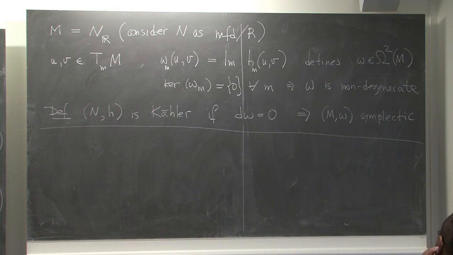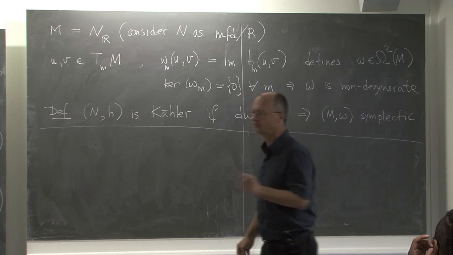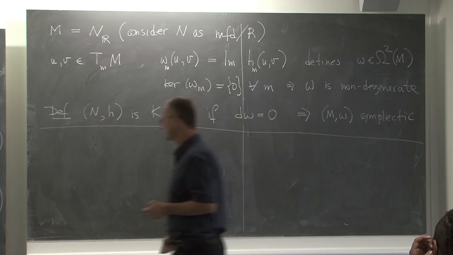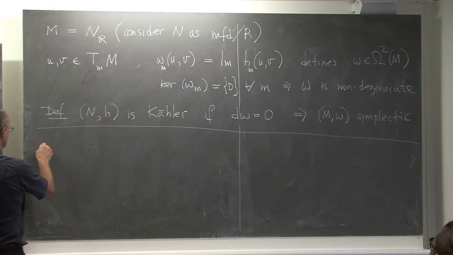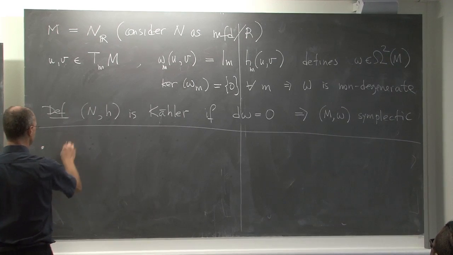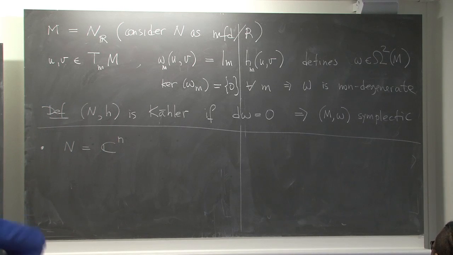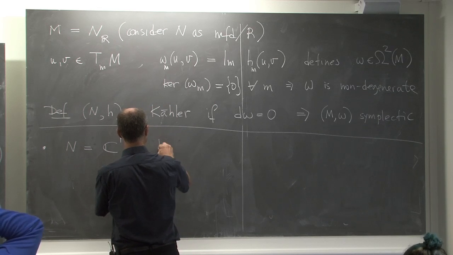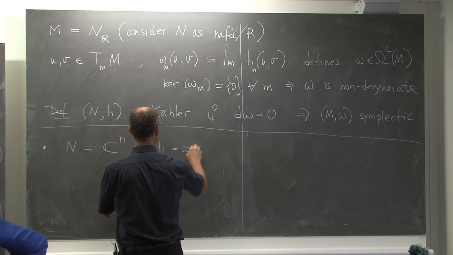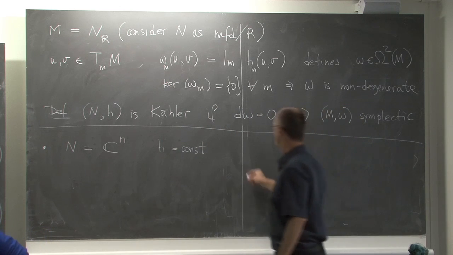I think later on we probably have considerably more examples of this sort, but now maybe just some very, very simple cases and also some elementary statements about Kähler manifolds. So one example is, of course, if you choose N to be simply C^n, and we choose h to be a constant Hermitian form.